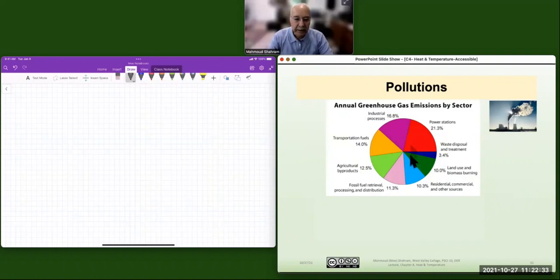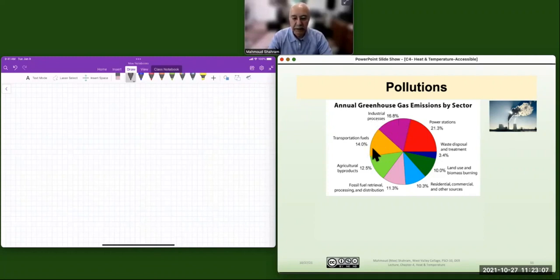And here is the pollution by different sectors. You have power stations, electricity production. Waste disposal is 3.4%. Land use and biomass burning are 10%. What is the big one here? Industrial processes, 16.8%.